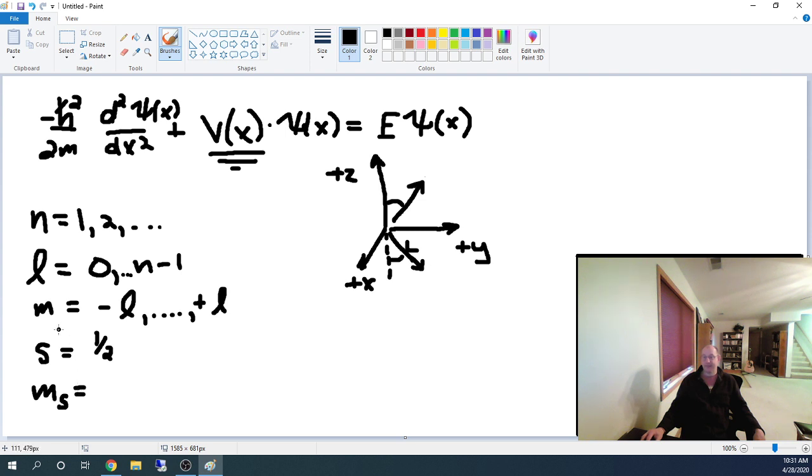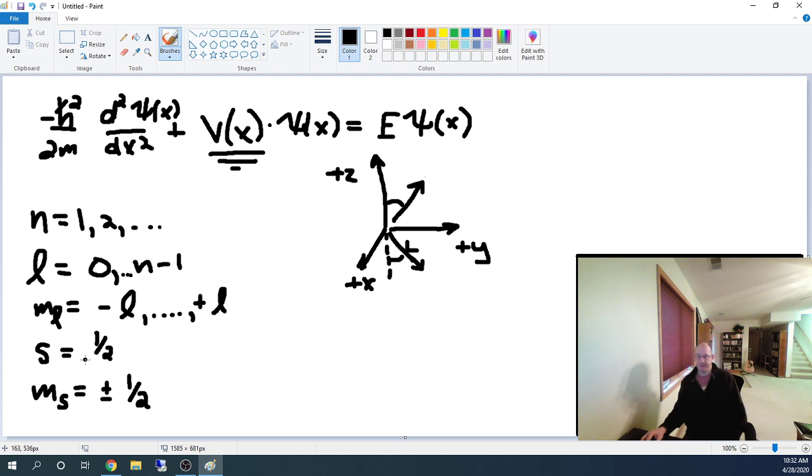The magnetic, this is the orbital. Once we discovered spin, they would call this m sub l. They originally called it m, but now we say this is the m associated with the orbital motion, and this is the m associated with the spin of the electron. So this could be plus or minus a half. And this is a spin quantum number, not capital S. This is little s.